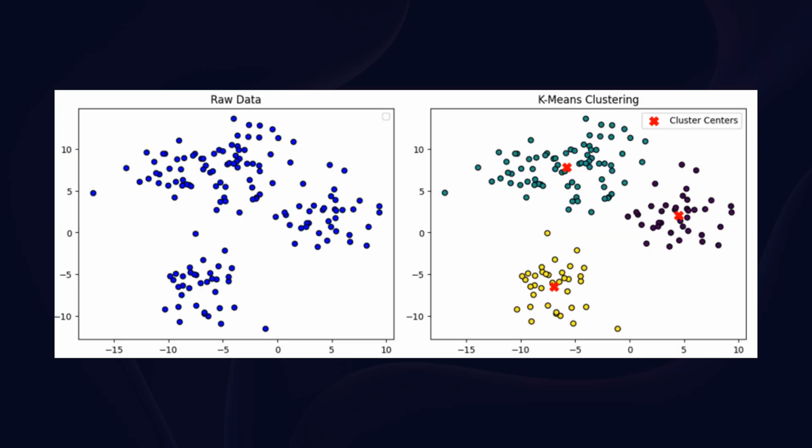And this would be a great example of what a k-means clustering graph looks like. As you can see, on the left is the raw data, and on the right is the k-means clustering. And what you'll see is there are three categories that are differentiated by colors. You can see the shape is exactly the same as the raw data, but the dots are in groups of their own color.